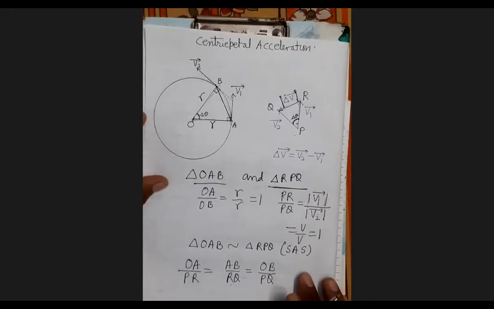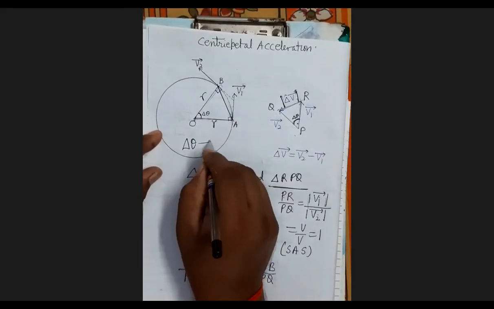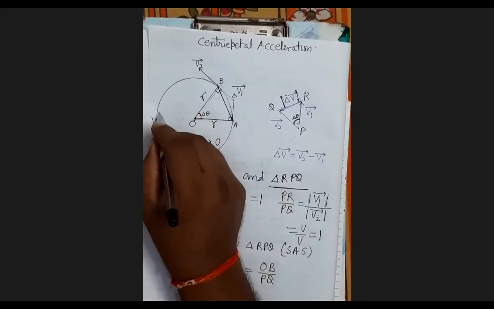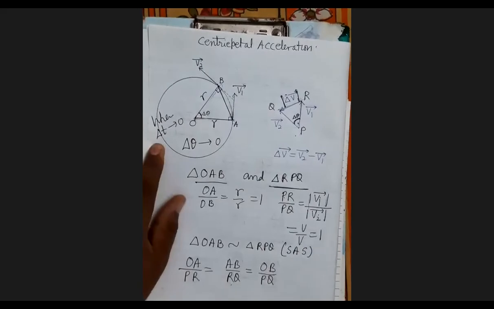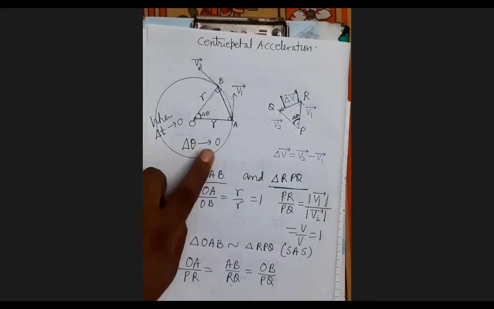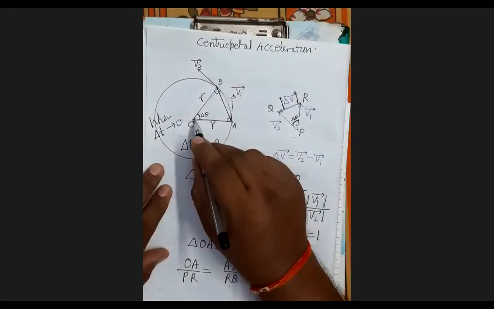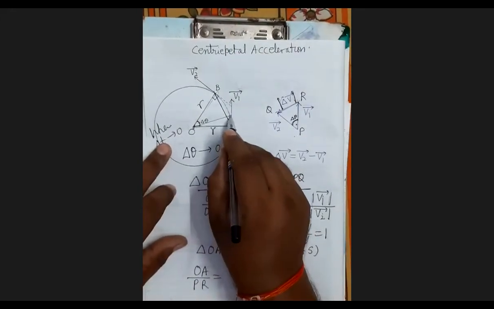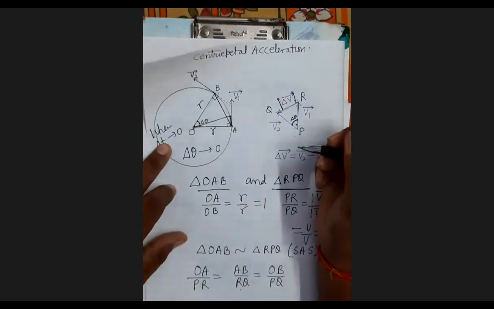Now see here, assume the case when delta theta is tending to 0, that is, delta t is very small. When delta t is tending to 0, then delta theta will also be very small. In that case, you will find that this arc and this chord AB will be equal.